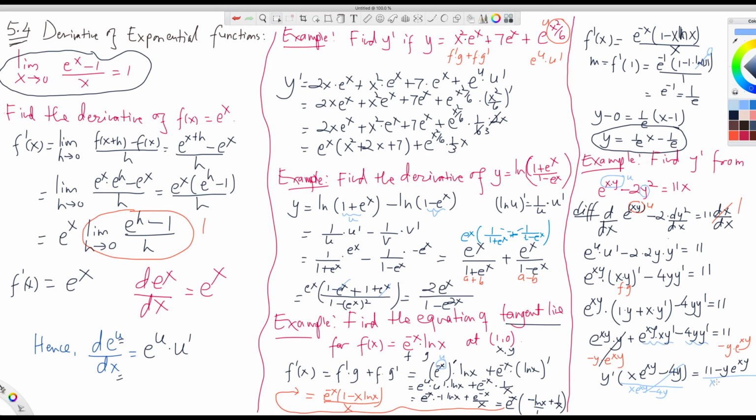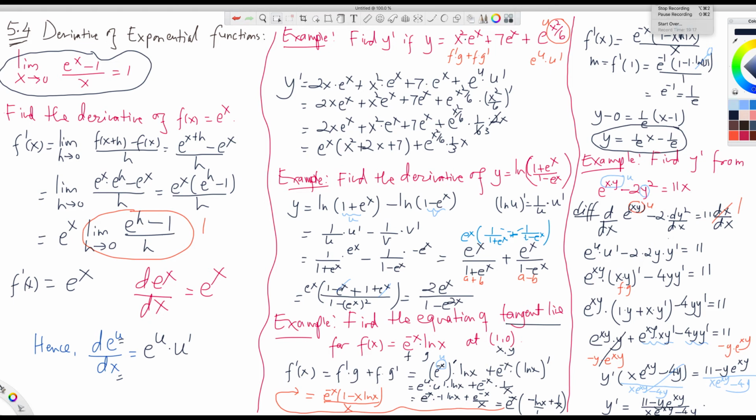So what do you get? Your final answer is y prime equals 11 minus y e to the xy divided by x e to the xy minus 4y. That is the final answer for this problem.